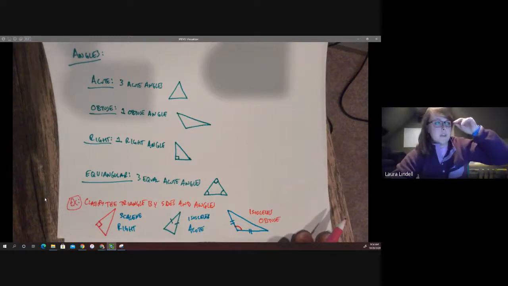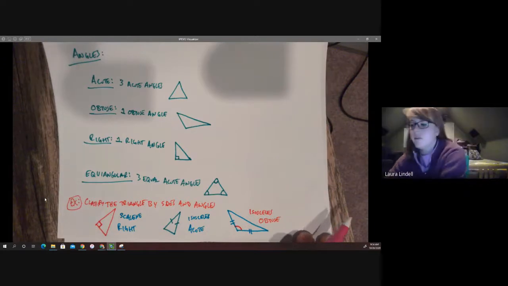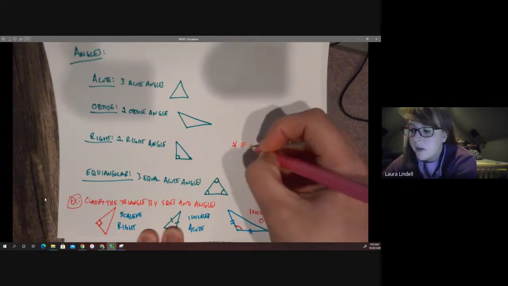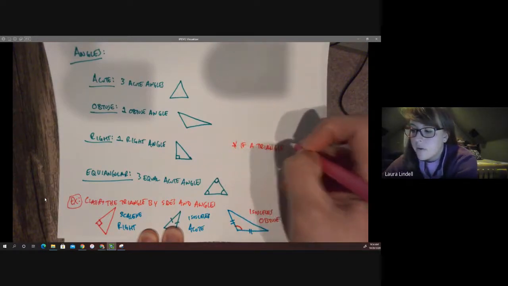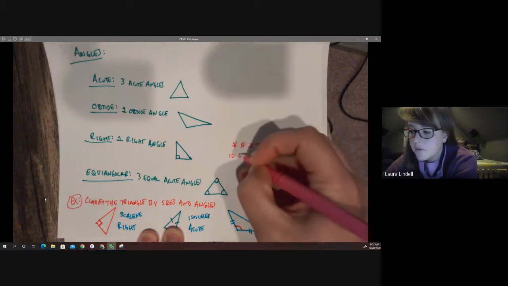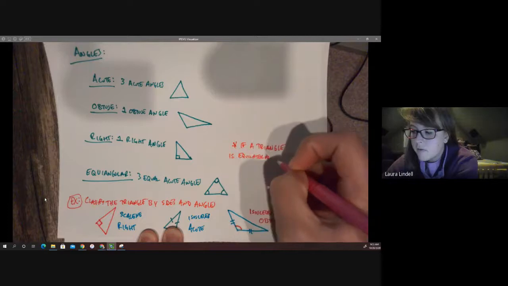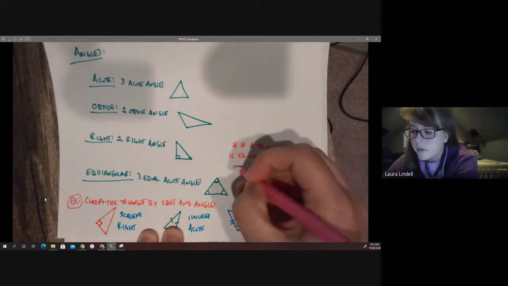Okay. So that's classifying a triangle by its sides and by its angles. Also, something to note, if a triangle is equilateral, it is also equiangular.